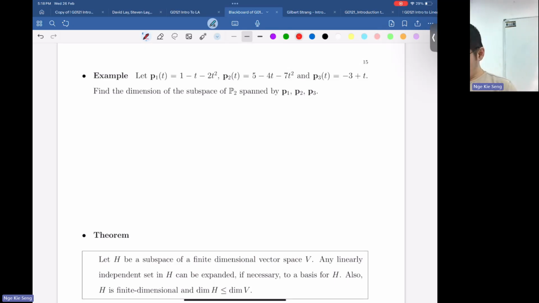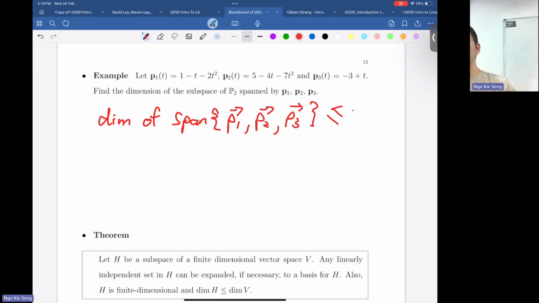Actually, you can infer that the dimension of span of P1, P2, P3 should be less than or equal to 3. Because 3 vectors are already enough to span. So how to prove whether it is 1, 2, or 3? You need to check whether they are linearly independent or not.